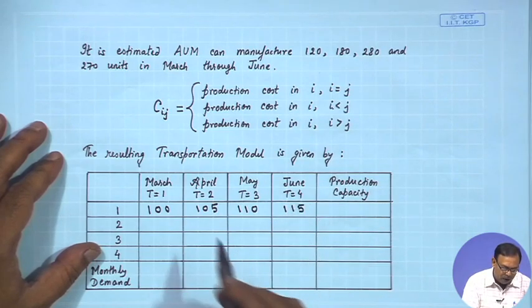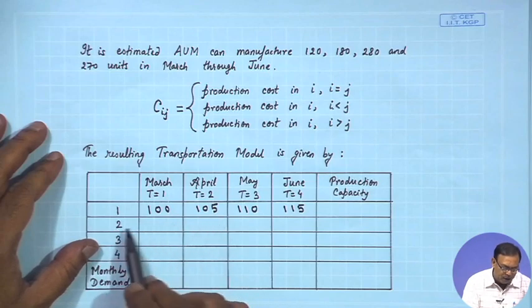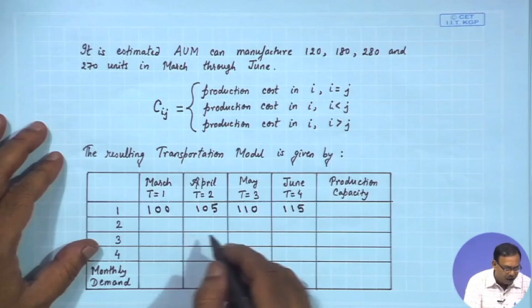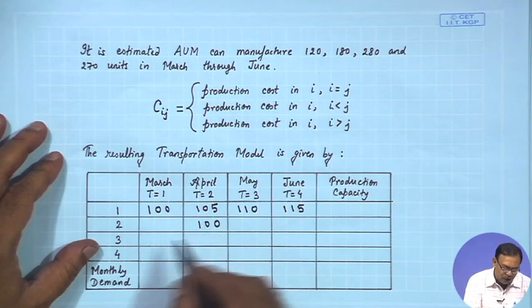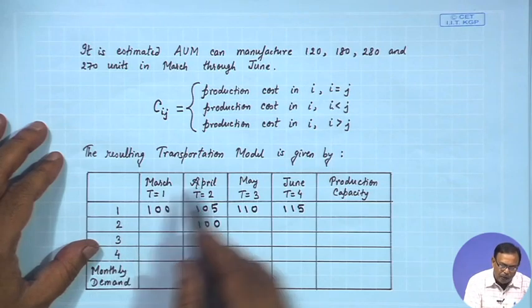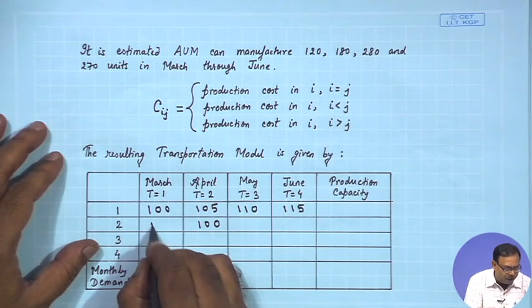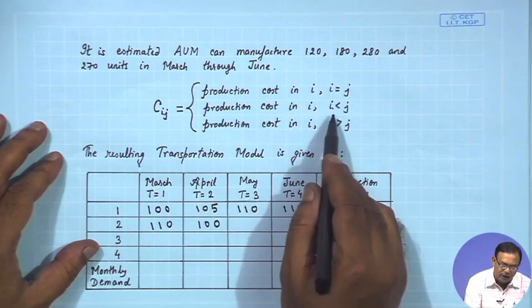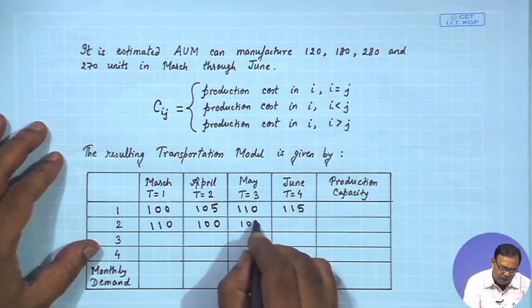Similarly, for 2 2, for April to April, this will remain 100. Now, for 2 1, i is greater than j, therefore this will be 110. Again 2 3, i is less than j, so it will be 105.